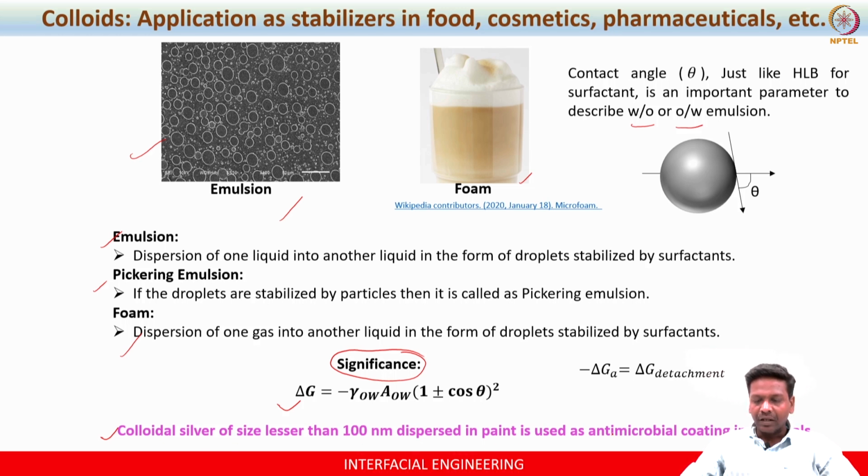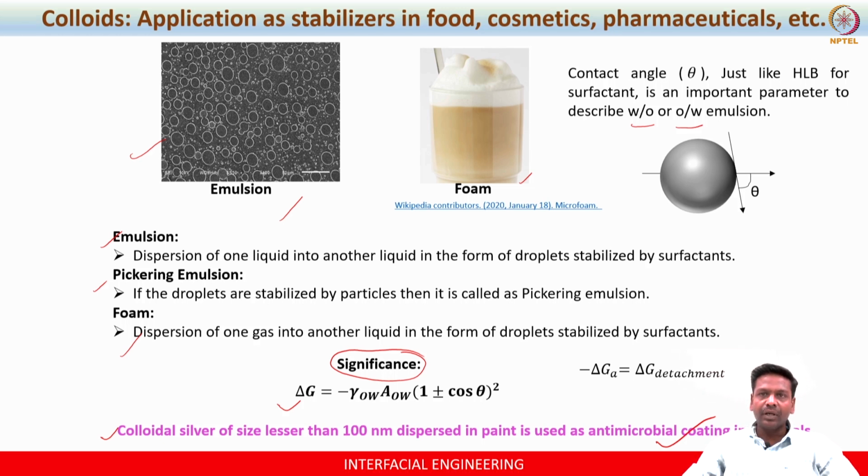Okay, so just to give you another example, let's say silver nanoparticles of size less than 100 nanometers dispersed in paint are used as an antimicrobial coating in hospital settings. This kind of coating is developed to prevent microbial and bacterial diseases, right? So, in hospital settings, this kind of special coating, these paints, are applied on the wall, so that the paint can act as an antimicrobial coating, right?